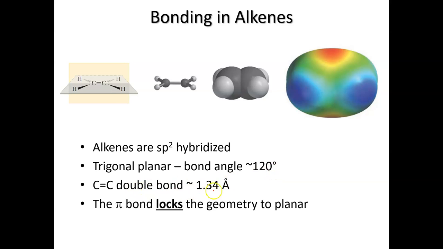The length of the bond is a little shorter at 1.34 angstroms compared to the single bonded carbons. And the pi bond also locks the geometry. We'll talk about that when we're talking about cis or trans isomers in just a moment here.